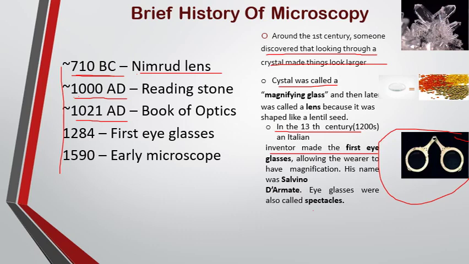So in 1590 AD, a scientist named Zacharias Janssen and his son Hans Janssen produced the first microscope by using multiple lenses in a tube.